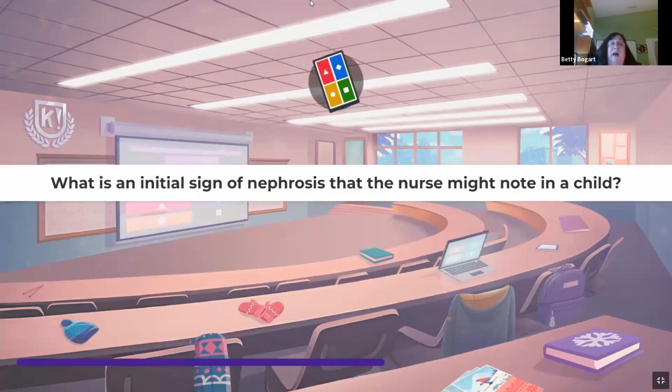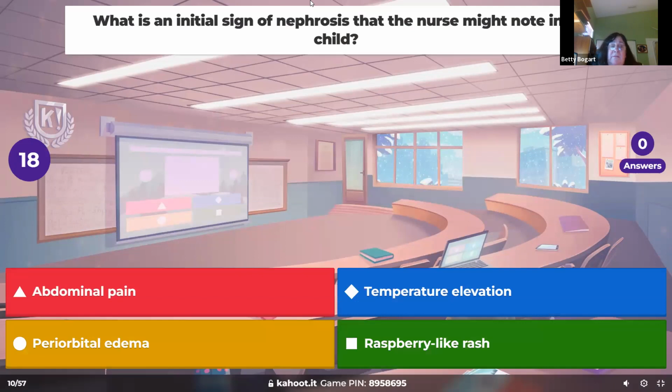What is the initial sign of nephrosis that the nurse might note in a child? Nephrosis. Remember, kidneys, you think about fluid balances, right? You urinate. That's what it does.